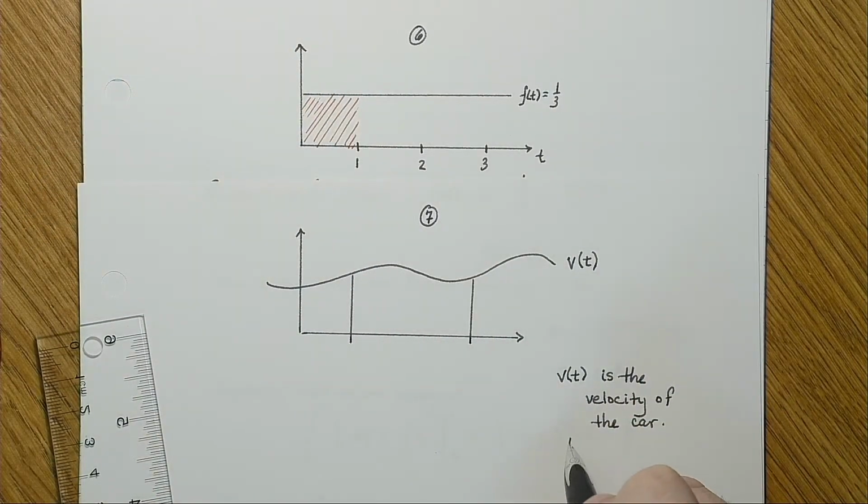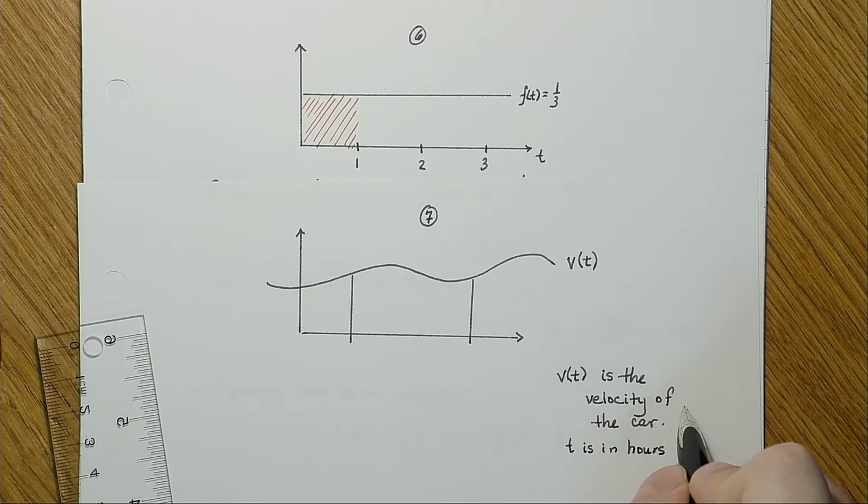And we'll say that t is in hours, and that the velocity of the car is in kilometers per hour.